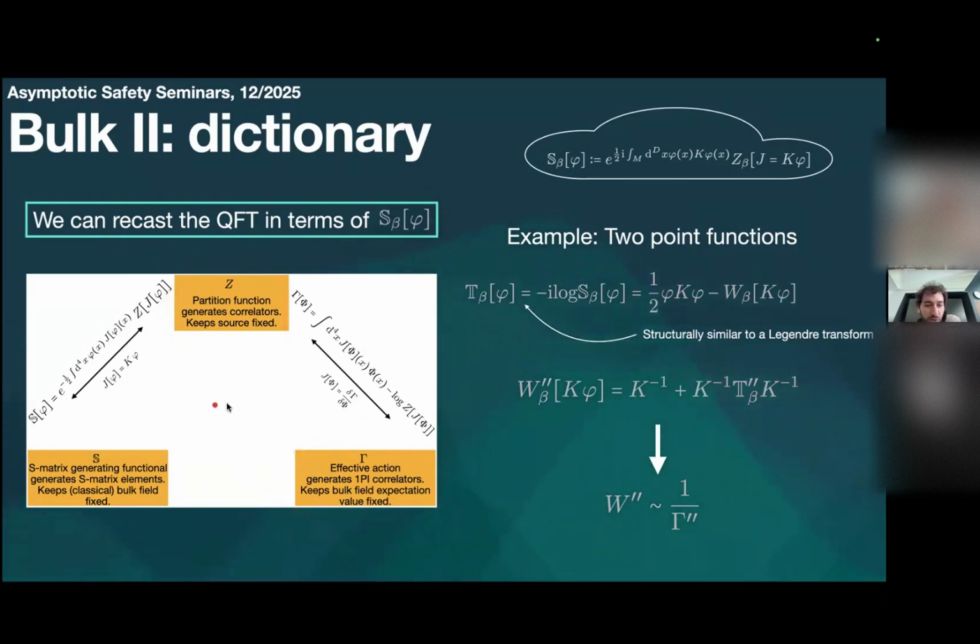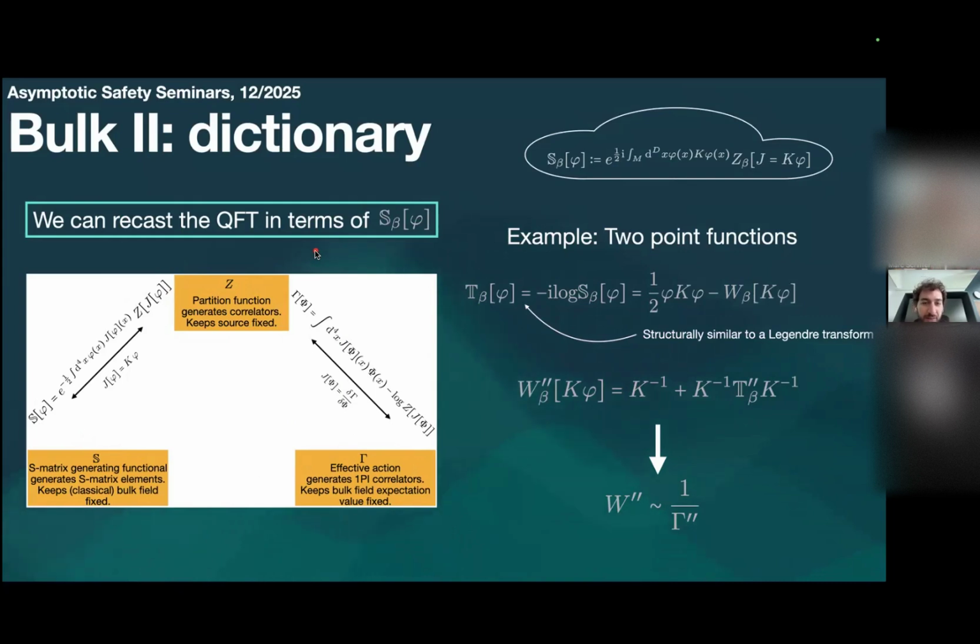All of these functionals are equivalent. So we have this diagram that expresses some connection between the functional S, the partition function Z, and the effective action gamma. So they all encode the same information. It's just that some can express some physical quantities more directly than others.